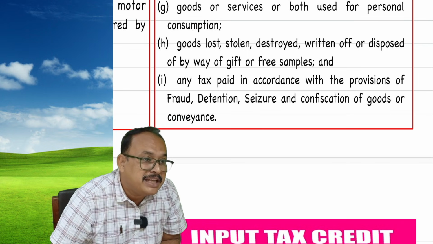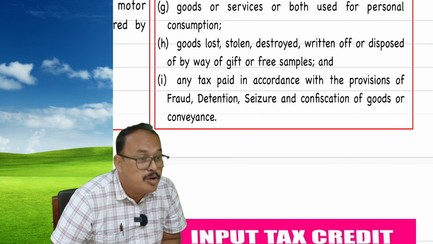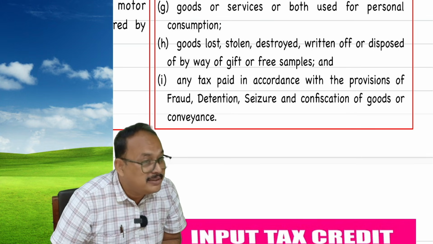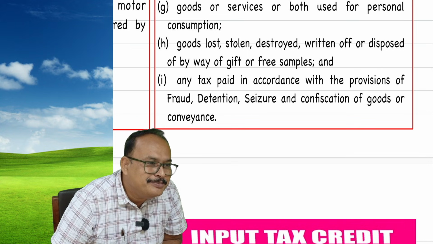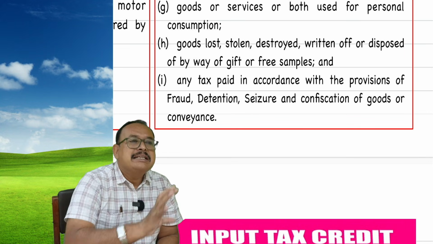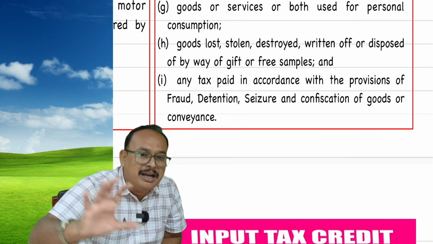On payment of tax under section 74A or 129 or 130 of the CGST Act, the recipient cannot avail ITC. Got the clarity? With that, the section 17 series has been wrapped up.